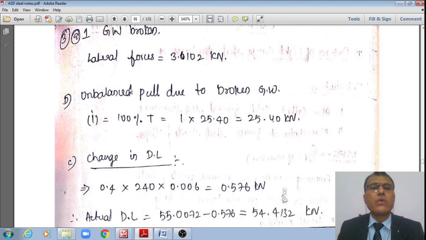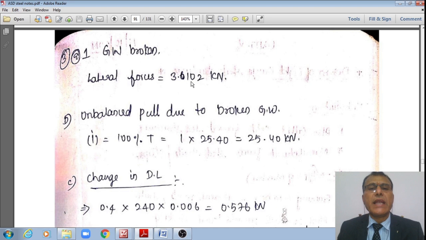That is how. Now the lateral forces acting on the members are the same, no change, 3.6102, and the unbalanced pull due to the broken ground wire.